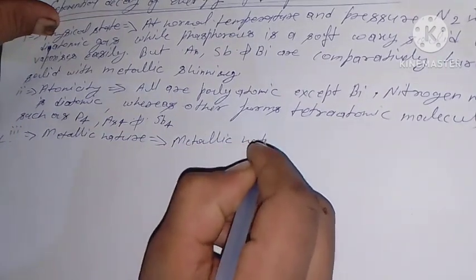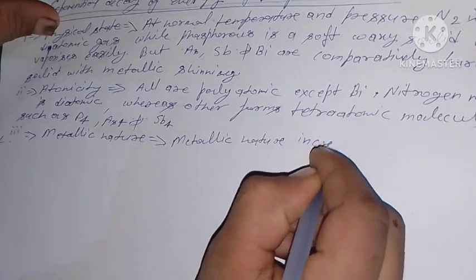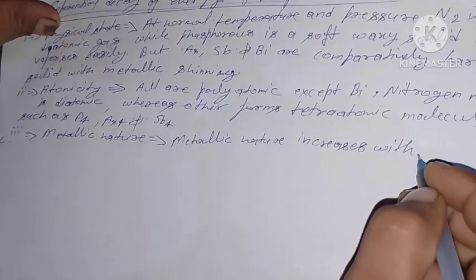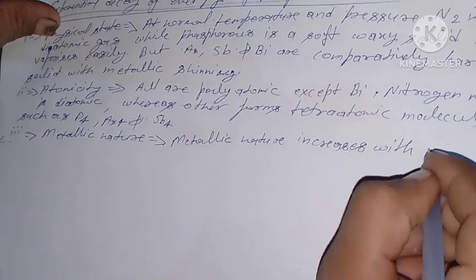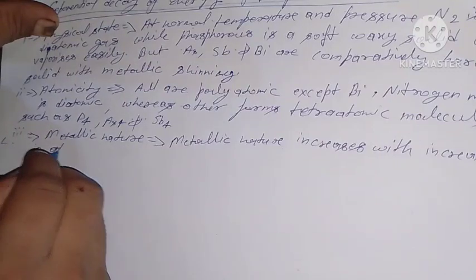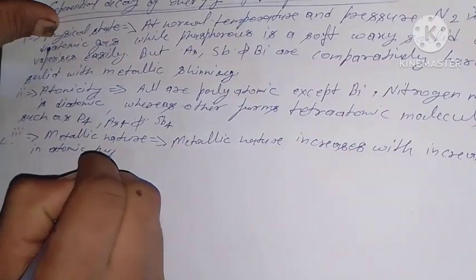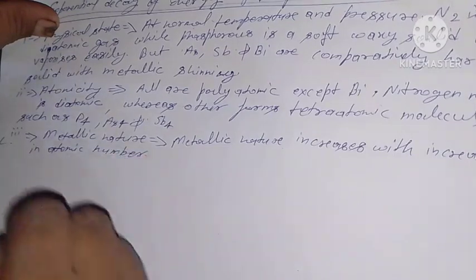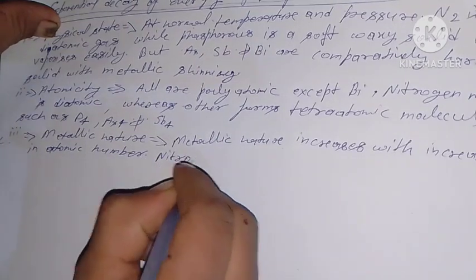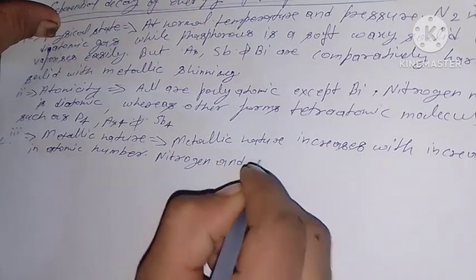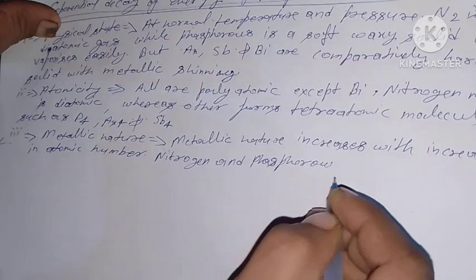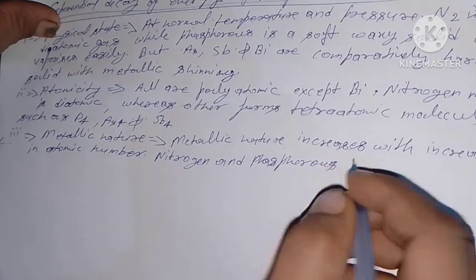Metallic nature increases with increase in atomic number. Nitrogen and phosphorus are non-metals.